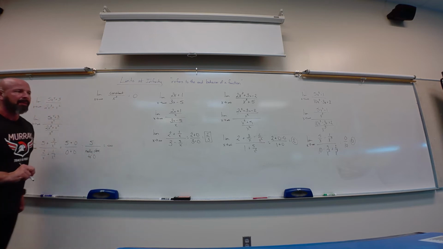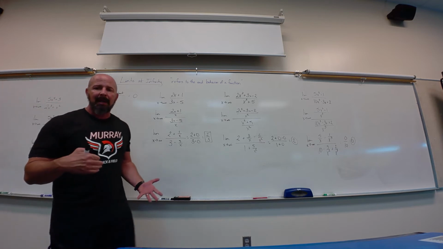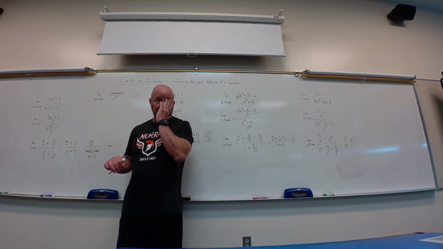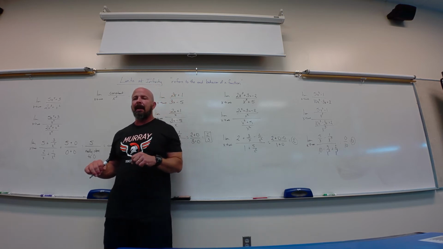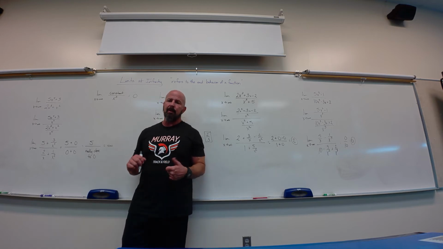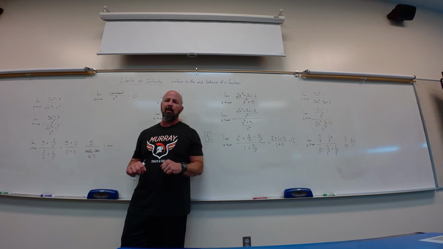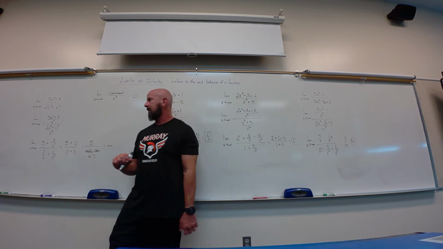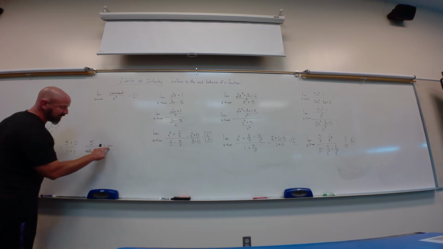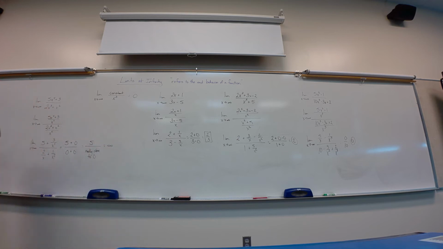So if I did 5 divided by 0.1, that would be 50. 5 divided by 0.01, that would be 500. 5 divided by 0.001 is 5,000. Divided by 0.0001 is 50,000. So as this gets smaller, closer to 0, this overall fraction is actually getting bigger, right? Going to that infinity.